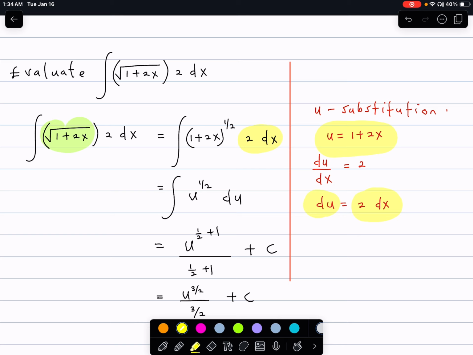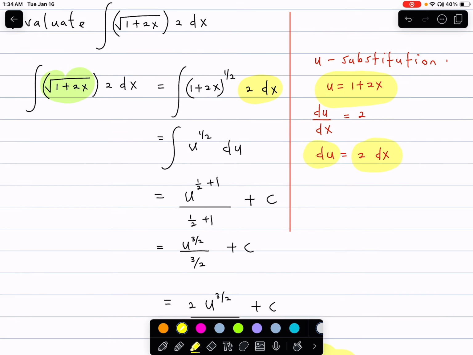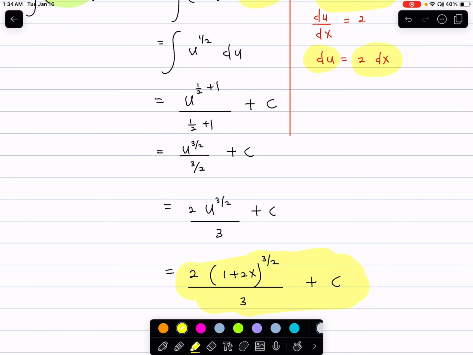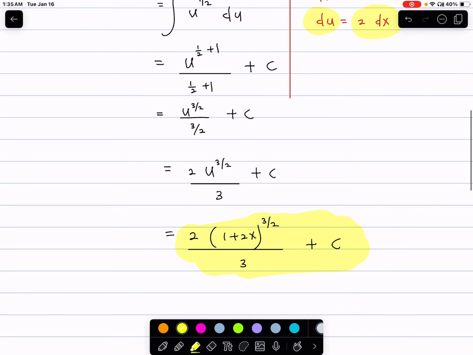So I made u equal to 1 plus 2x, took my derivative, and cross multiplied. I got du equal to 2 dx, and I just substituted everything back in to the antiderivative, and I got my answer. Yeah, that's it.